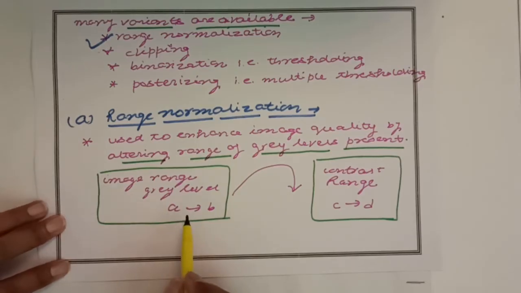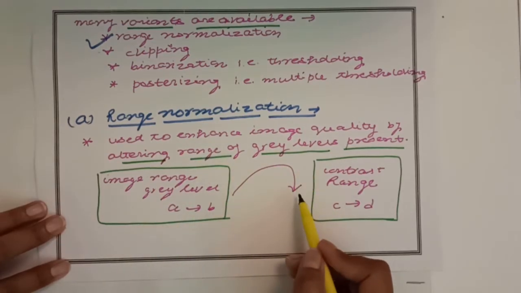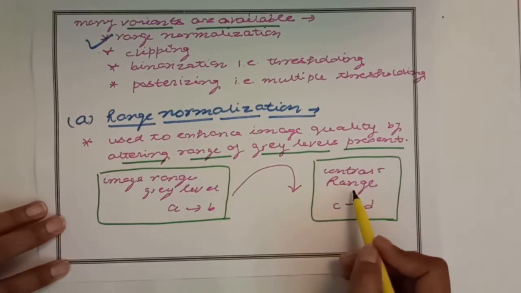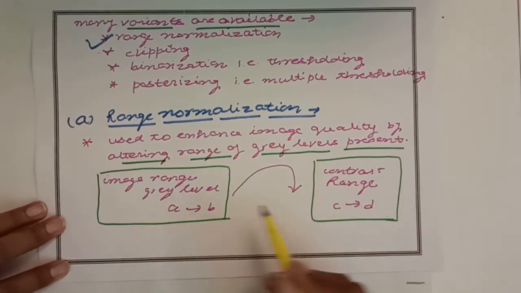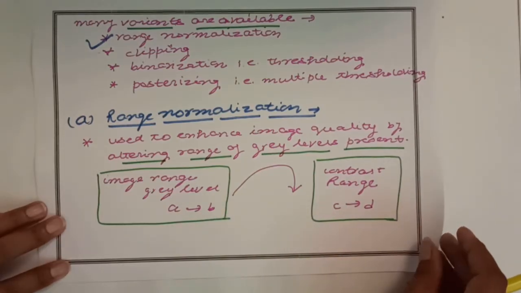For a given image, the present gray levels are A to B, where A is the minimum gray level component and B is the maximum one. By applying range normalization, the contrast range is increased, A is transformed to C and B is transformed to D.